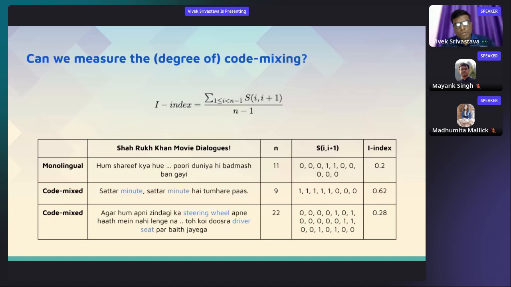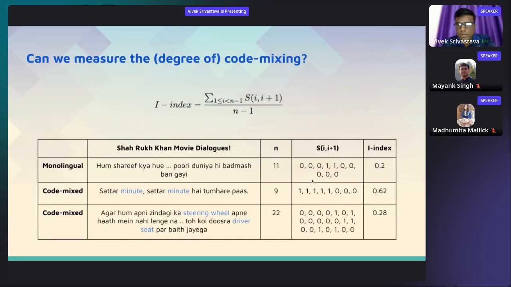So if we go to our examples and compute the I index for those sentences, you will see a similar pattern has emerged, that the second example is getting more score as compared to the third one. And the reason why it is happening is what we'll discuss in a couple of minutes.